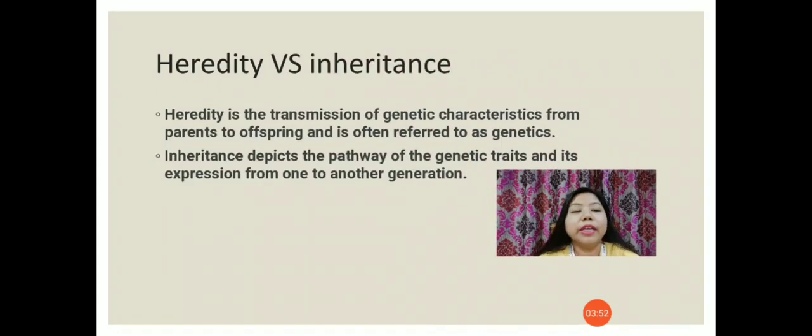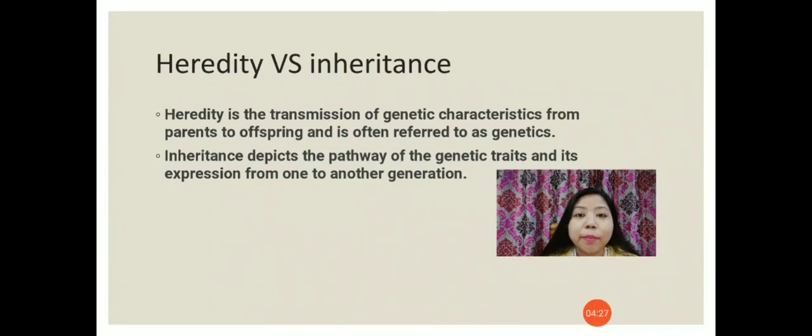Now what is the difference between heredity and inheritance? We have been saying that heredity is the transmission of the characteristics from parents to the offspring, and the offspring inherit the characters from the parents. So what is the difference between heredity and inheritance? Heredity is the transmission of genetic characters from parents to offspring and is often referred to as genetics.